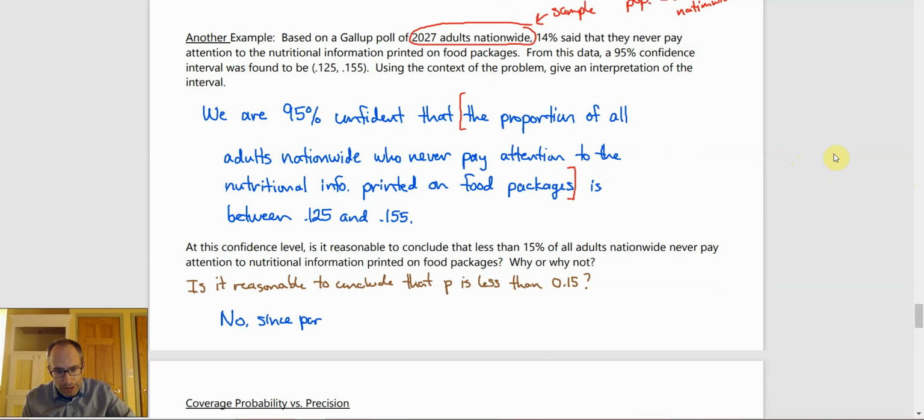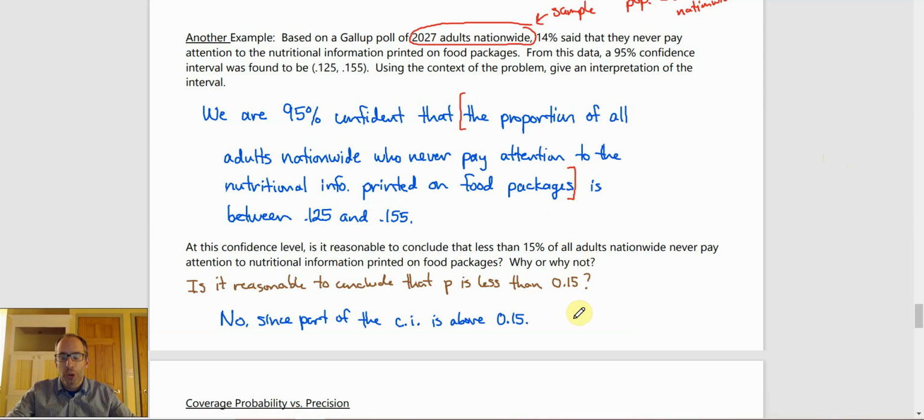since part of the confidence interval, and I'm just going to abbreviate confidence interval as CI, part of the confidence interval is above 0.15, right? Because it goes up to 0.155. That's a bigger number. If it was less than 20%, you could say yes, right? Because then the whole thing's less than 0.2, we're good to go.